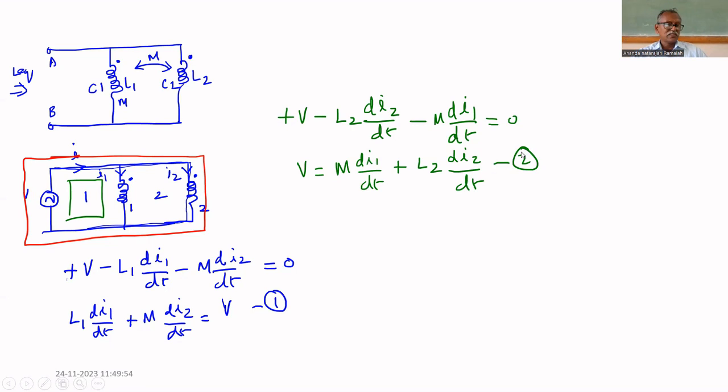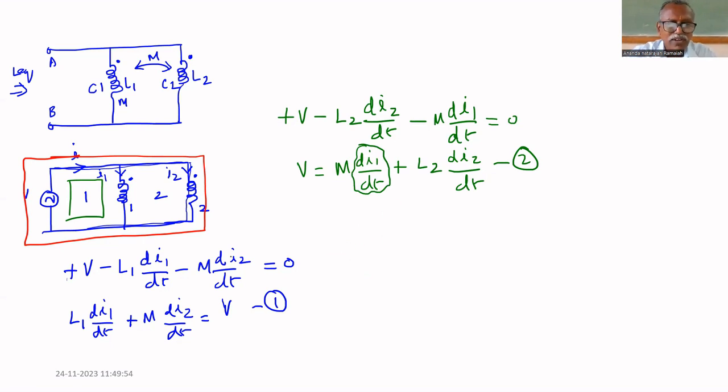By Cramer's rule, we can find di1 by dt and di2 by dt. So how to find that? First, let us call di1 by dt as I1 dash, the derivative of I1.